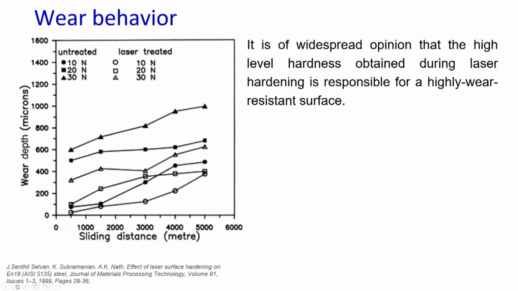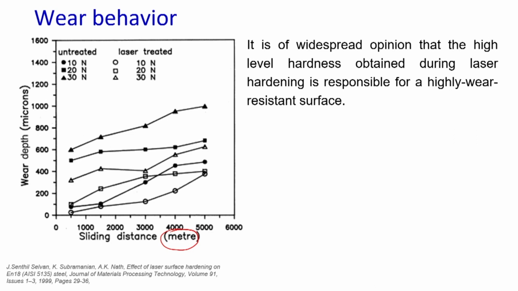So, here we are plotting the wear depth, in microns, against the sliding distance, in meters. I mentioned in my previous slide, the sliding distance is computed by using the RPM of the disc and the time duration, and the wear resistance is a function of the wear depth.